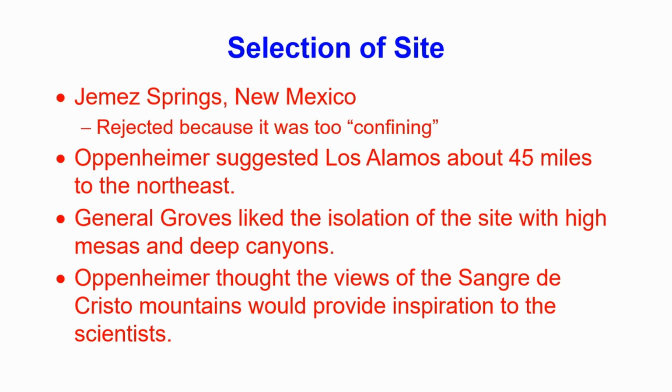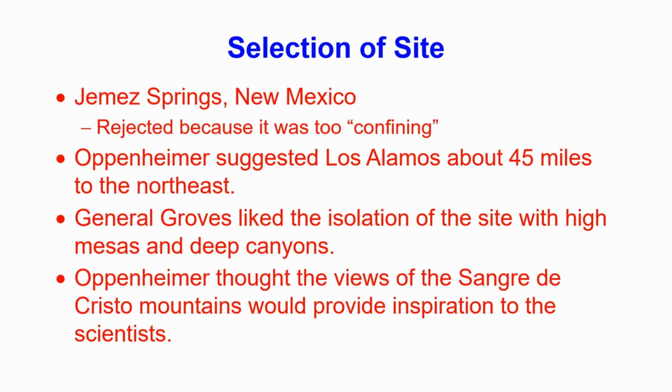Groves liked, then Oppenheimer suggested, oh, I know of a little place up the way. And so they took the back roads in through what is called the Valle Grande in the Jemez Mountains and came out on the Los Alamos Plateau.